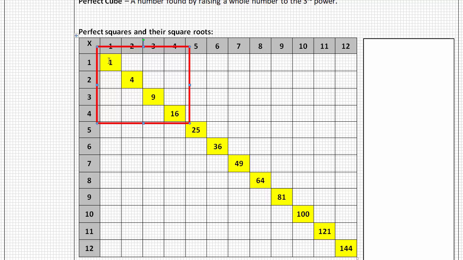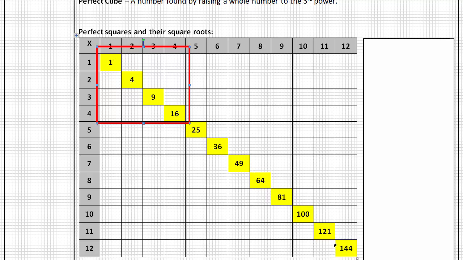These numbers here, 1, 4, 9, 16, 25, 36, 49, 64, 81, 100, 121, and 144, are the first 12 perfect squares. So it's really important that you start to memorize these.